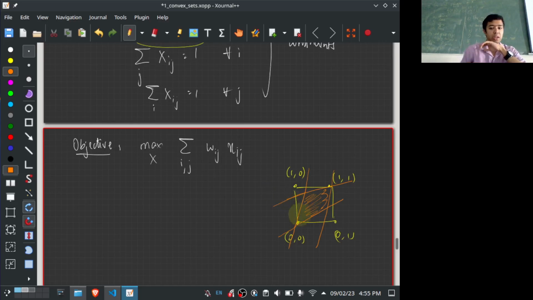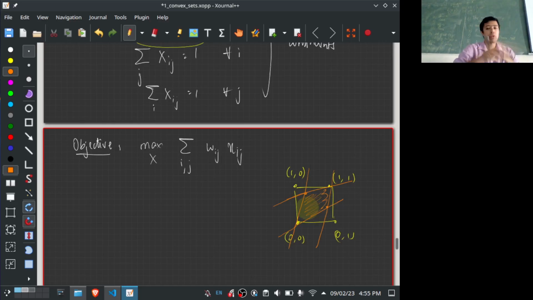But now I've retained two of the original integral points, 0, 0 and 1, 1. But because of these constraints, my constraint polytope is such that there are two fractional vertices.